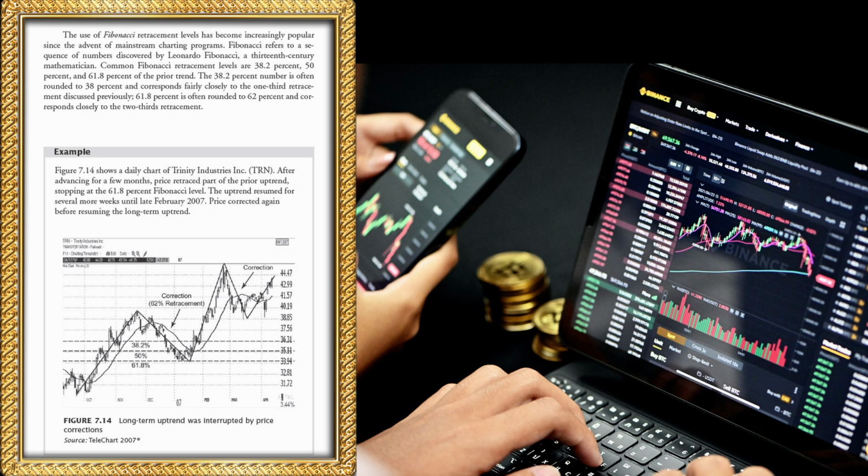Fibonacci refers to a sequence of numbers discovered by Leonardo Fibonacci, a 13th-century mathematician. Common Fibonacci retracement levels are 38.2%, 50%, and 61.8% of the prior trend. The 38.2% number is often rounded to 38% and corresponds fairly closely to the 1/3 retracement discussed previously. 61.8% is often rounded to 62% and corresponds closely to the 2/3 retracement.